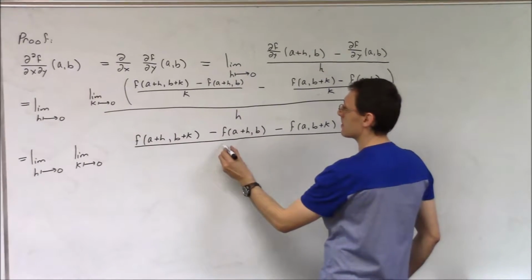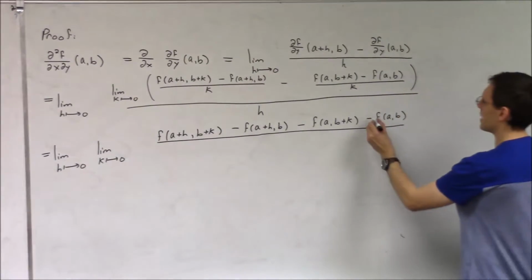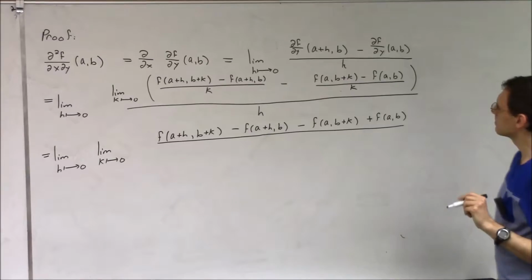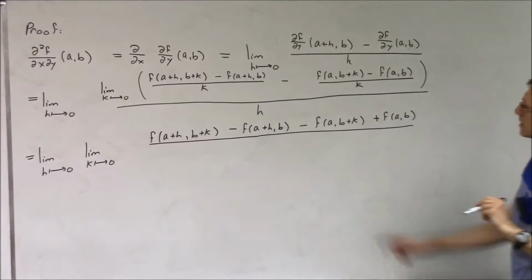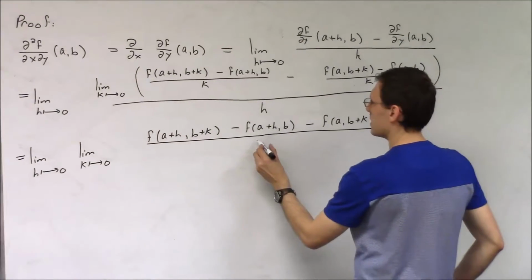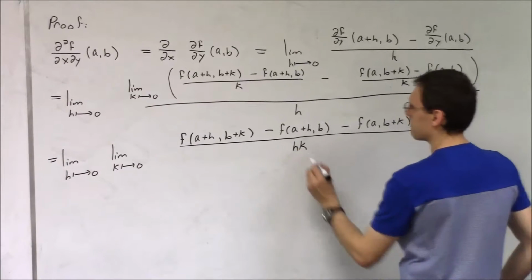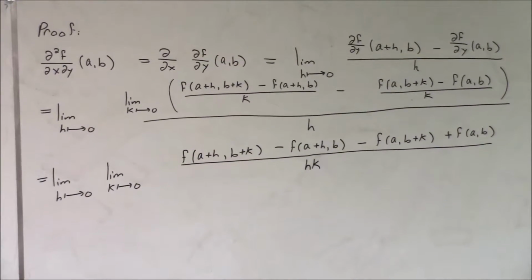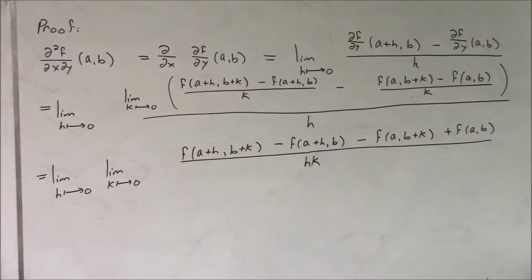Is the last term a plus because it's minus the second? Plus, you're right. Thank you for noticing. It's a plus. Divided by h times k. This is what we get for that definition.